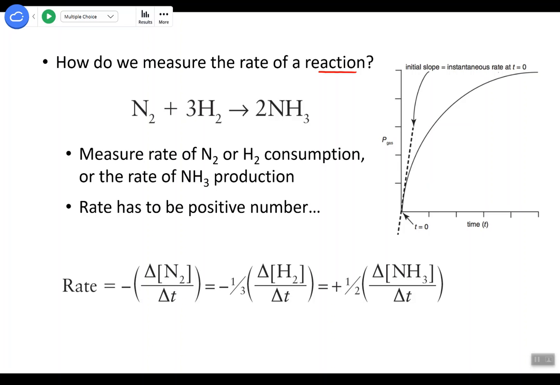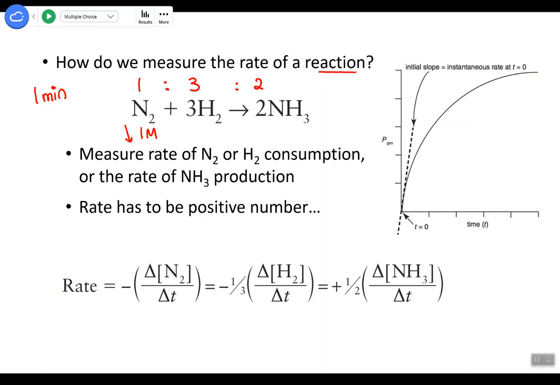Let's look at this balanced reaction with nitrogen, hydrogen, and ammonia. We can see that this is a 1 to 3 to 2 molar ratio. So let's imagine that this experiment happens in 1 minute. These aren't actually realistic numbers, but let's pretend. In that 1 minute, let's imagine that the amount of nitrogen went down by 1 mole per liter.